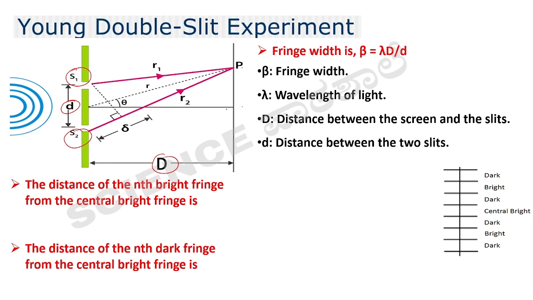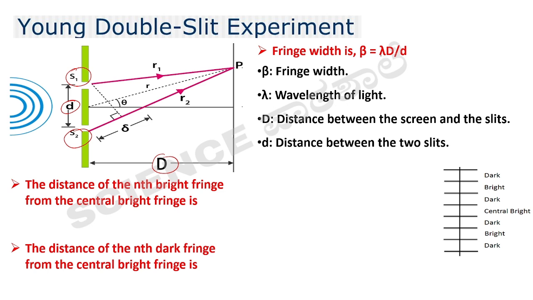Then the first formula, that is the fringe width formula. What is fringe width? That is indicated by beta. Beta is equal to lambda capital D by small d. Students, please say every time capital D by small d. If you simply say d by d, you may get confused when you are solving numericals.